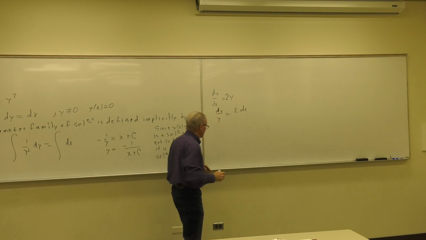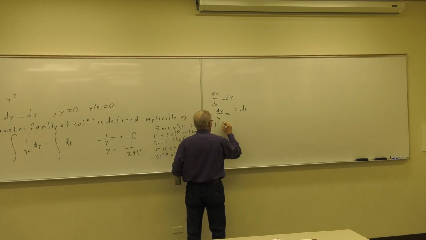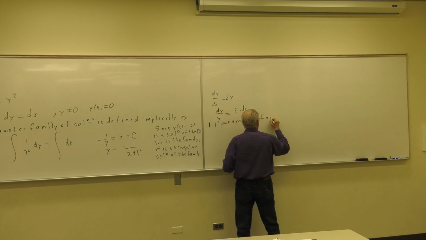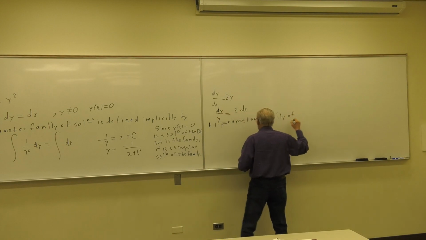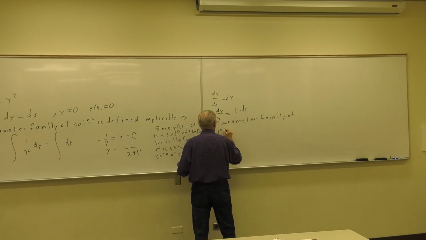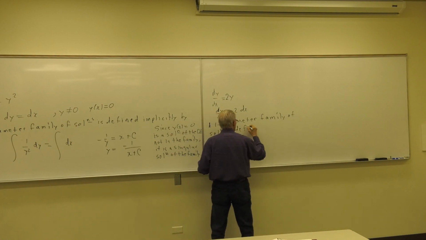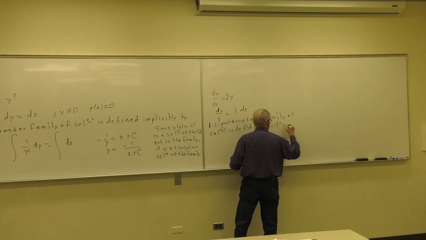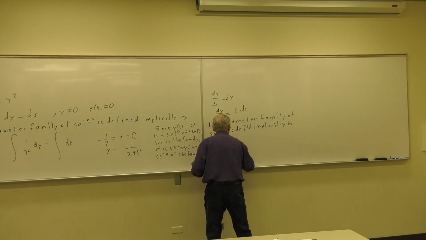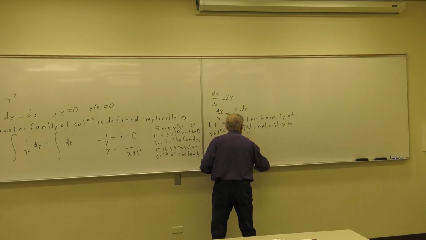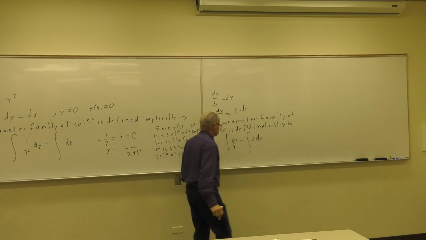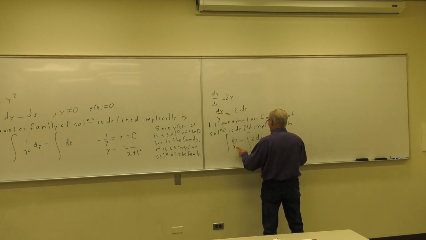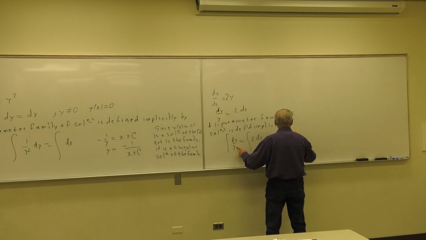I have separated. Therefore, a 1-parameter family of solutions is defined implicitly by the integral of dy over y equal to the integral 2 dx. Integrate this, and you get the logarithm of the absolute value of y.